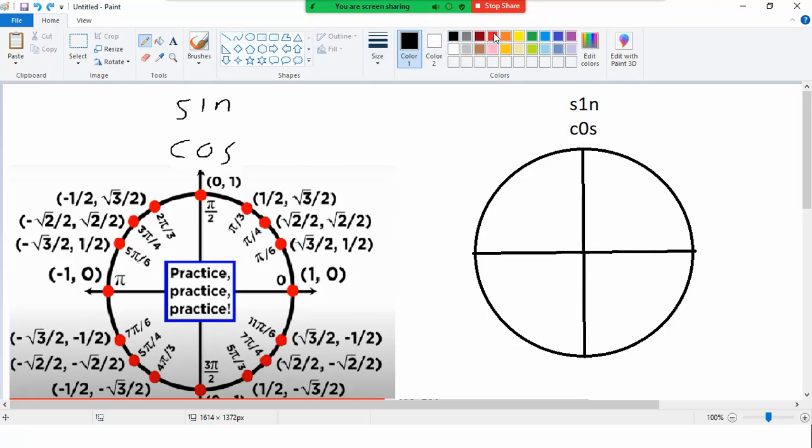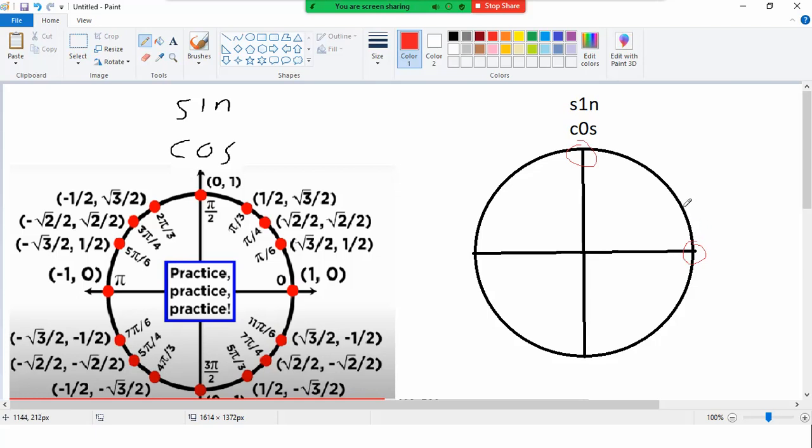So then at this level on the y-axis is 1. So the sine is 1. All right. So now we have two parts of the unit circle down.